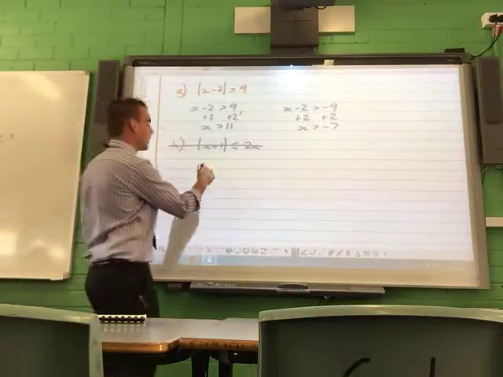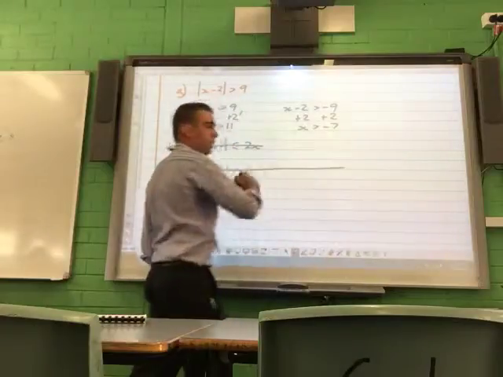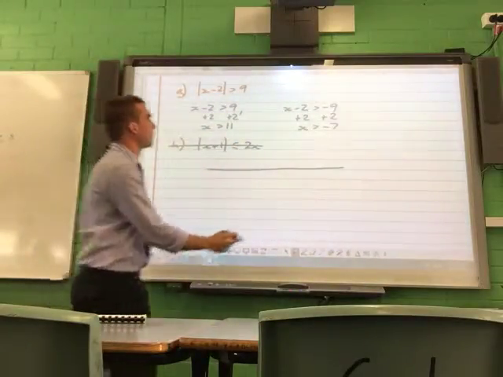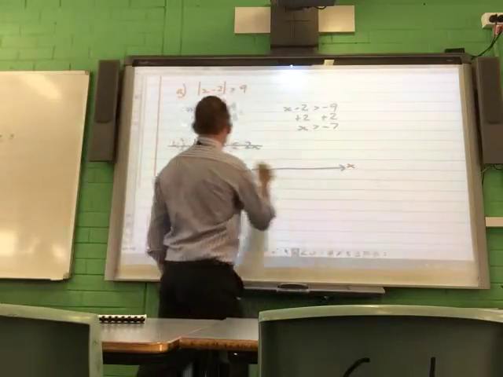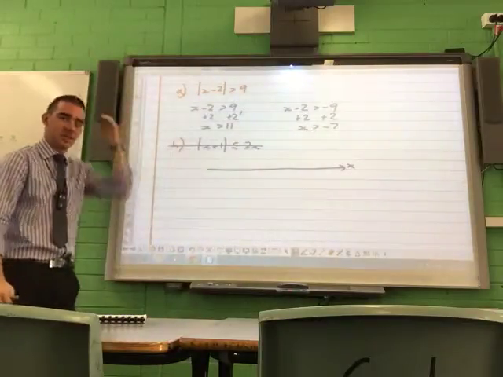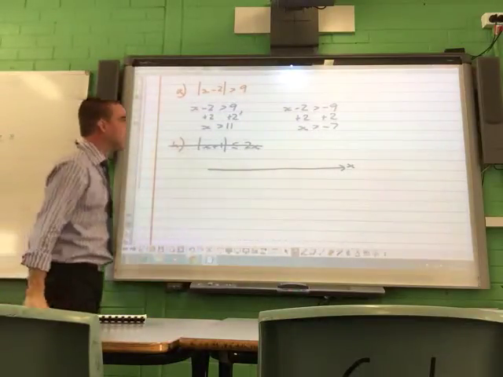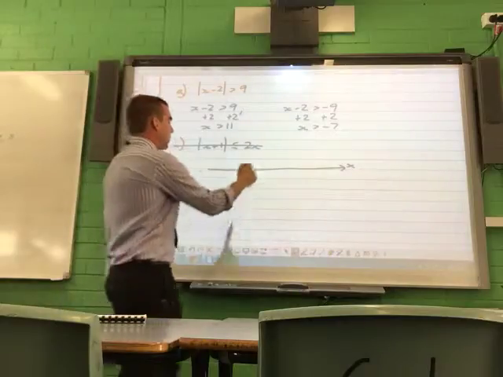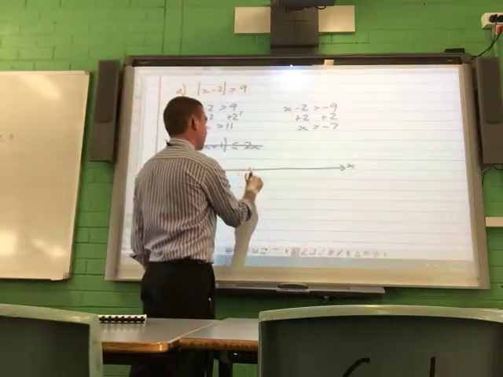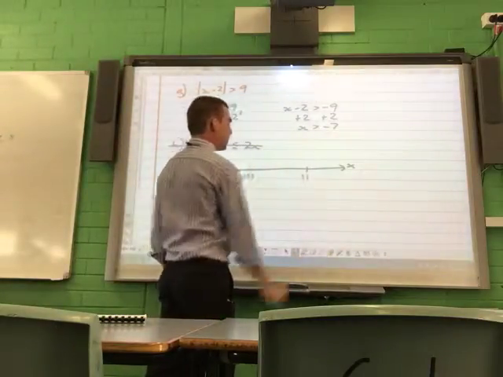What I want you to do is just do a quick sketch of a number line. I'm not marking you on this, so you can be as rough as you want. Critical points: -7, 11.